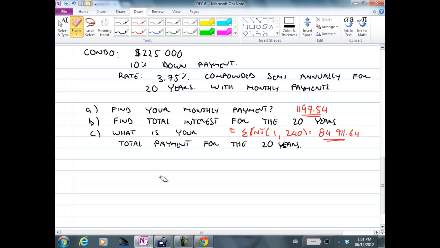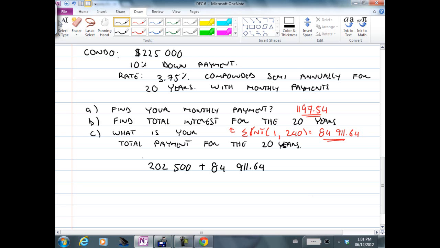To find the total payment for 20 years, let's add everything I owe together. I initially owe $202,500. Then, I have to add my interest on top of that, which is $84,911.64.